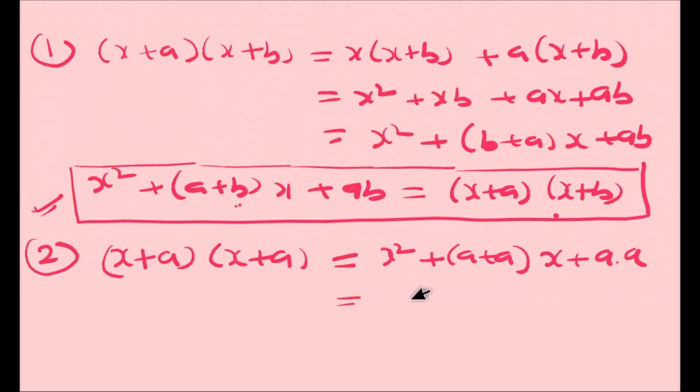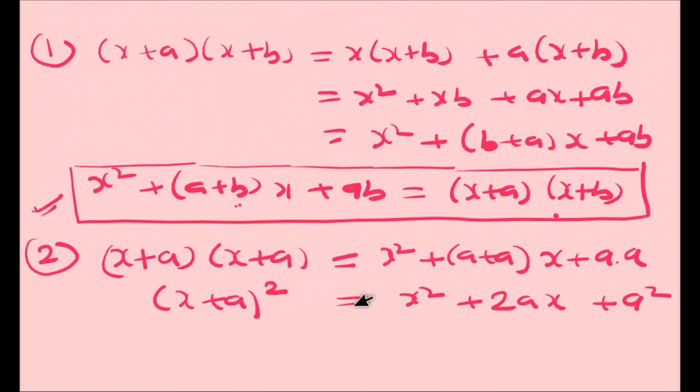So we get x square plus 2ax plus a square, and we can write x plus a in exponent form 2. So x plus a whole square equals x square plus 2ax plus a square. Similarly, x plus b whole square is x square plus 2bx plus b square. So using these identities, we can learn the next formula.